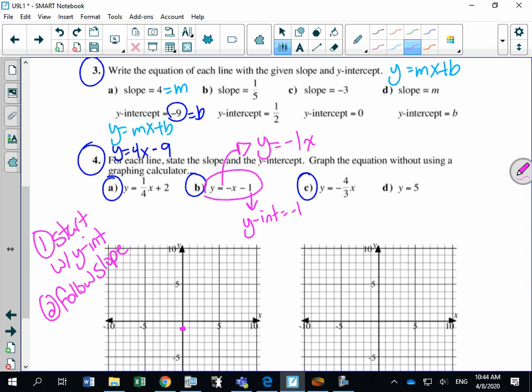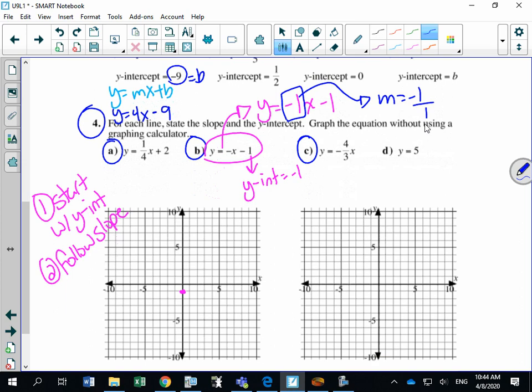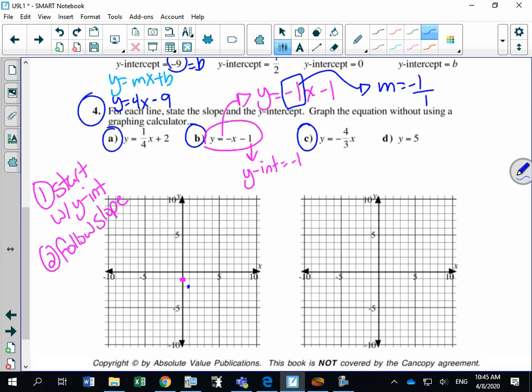Negative 1x minus 1. So my m value, my slope, is negative 1. Turn that into a fraction, which is negative 1 over 1, right? So that means down 1 to the right 1, down 1 to the right 1. The opposite would be up 1 to the left 1. Connect those dots and you would have your graph for B done. Okay, you could verify on your calculator.